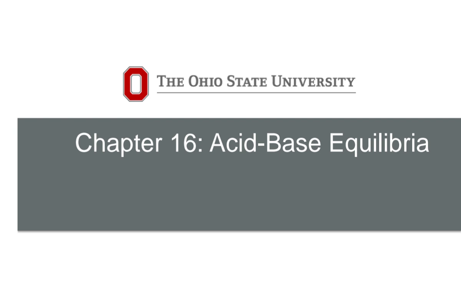So you probably have seen some acids and bases in previous courses. We talk a lot about pH, looking at if something has a pH less than 7, that makes it acidic. pH greater than 7, it's basic.